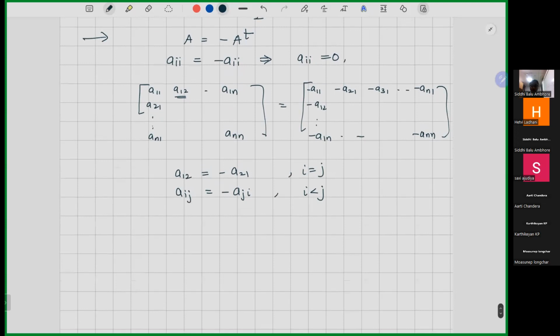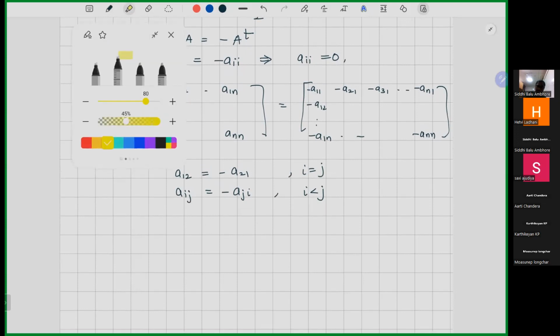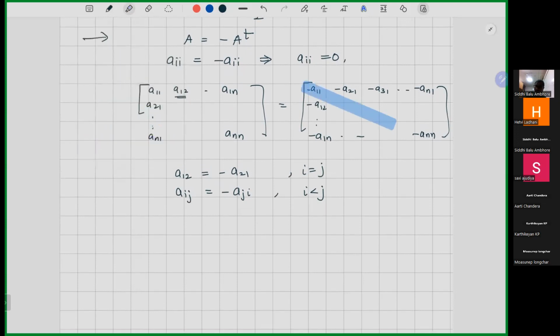So the diagonal has become 0, and here only one element is contributing in the second row, two elements in the third row, and in the last row n minus 1 elements. So from first row it is 0, from second row 1, and it goes up to n minus 1.